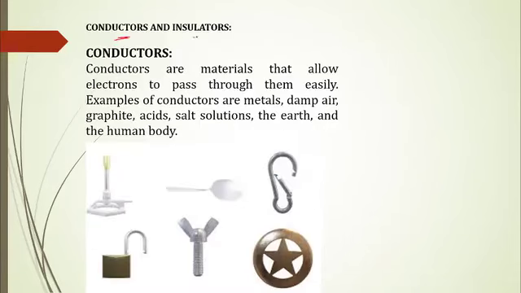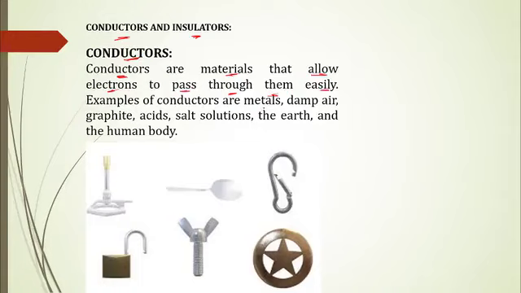At this point, let's talk about conductors and insulators. Conductors are materials that allow electrons to pass through them easily. Any material that allows electrons to pass through them easily is said to be a good conductor.